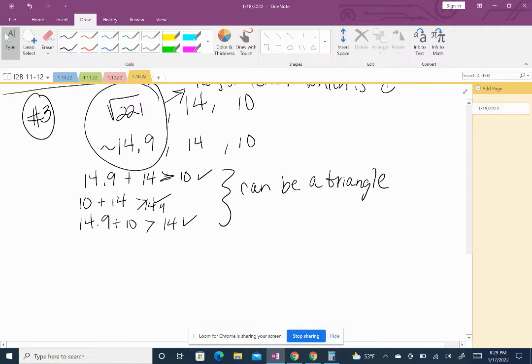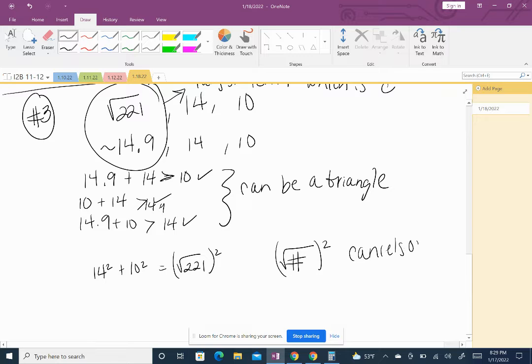So A squared, B squared, doesn't matter the order. We could just say 14 squared plus 10 squared equals the square root of 221 squared. And now remember, when you have a square root squared, that cancels out and it just equals that number.